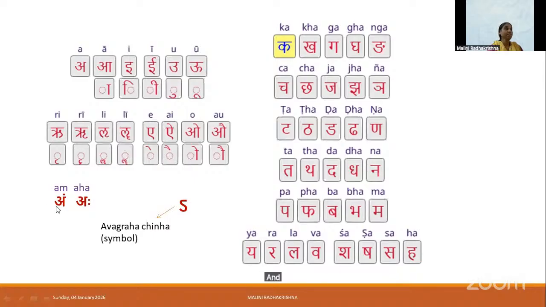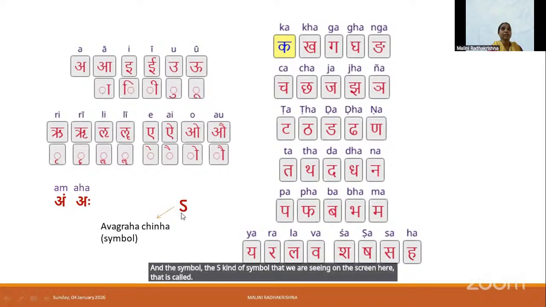And then Aha. The dot that we see on top of the letter A is called Anuswara, and the two dots beside the letter A are called Visarga. And the S kind of symbol that we are seeing on the screen here is called Avagraha Chinha.